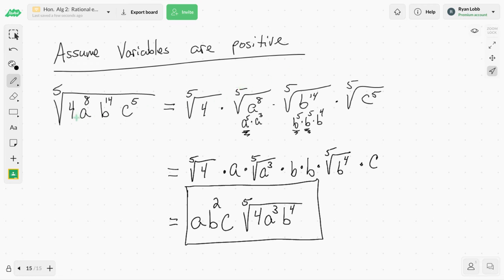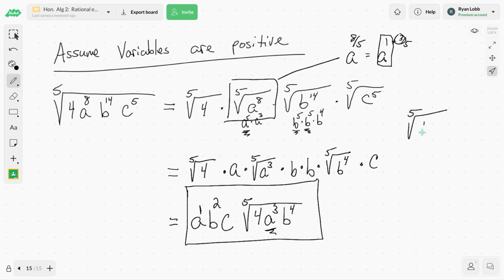If I take just this one and write it as a to the 8/5, and now write this as a to the 1 and 3/5, notice I have a to the first, right there it is, and then what's left? A cubed, right there it is. What about this? The fifth root of b to the 14th is going to be what?